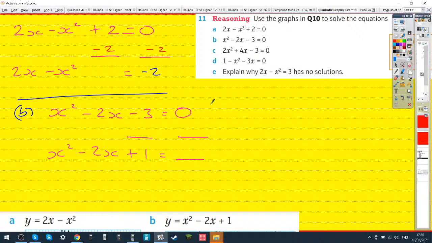You would have to add 4. Well done. And so what do you now have on the right side for the bottom? You have 4. Correct. That's it.